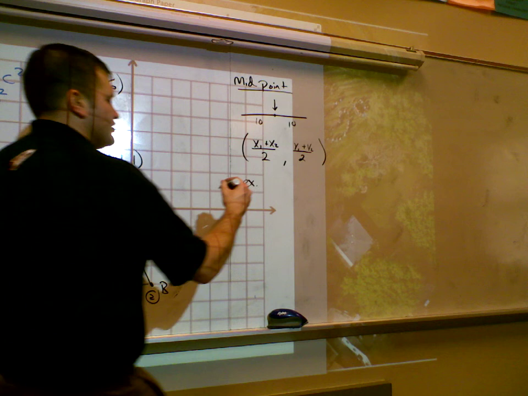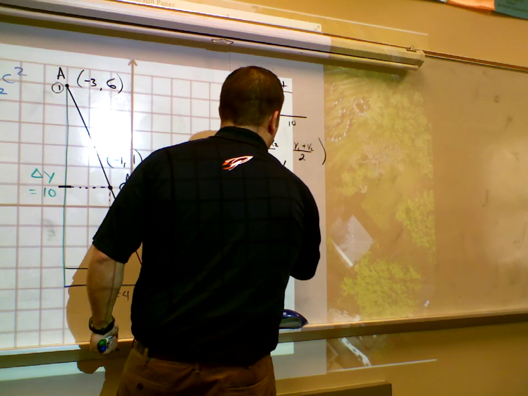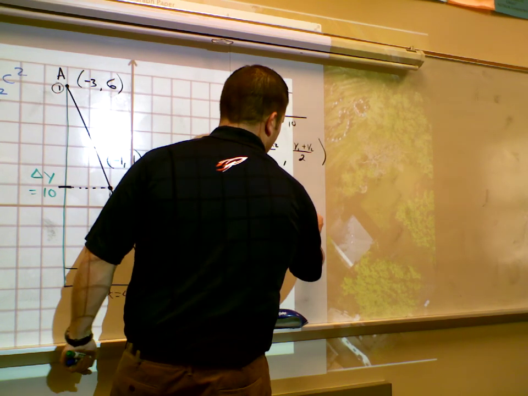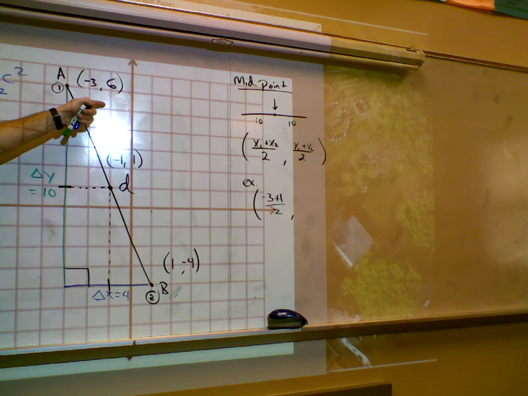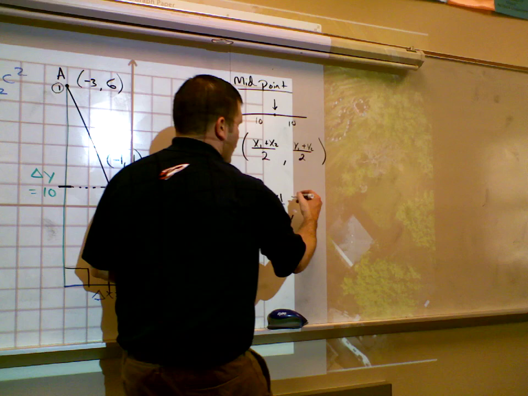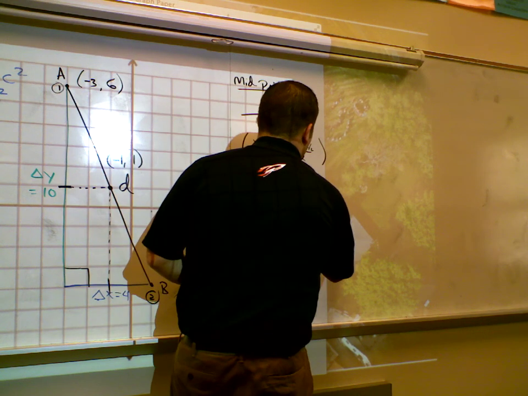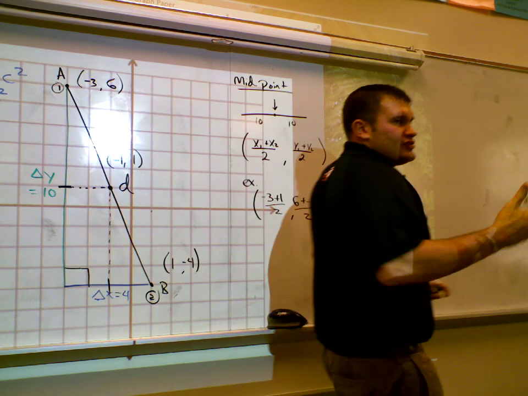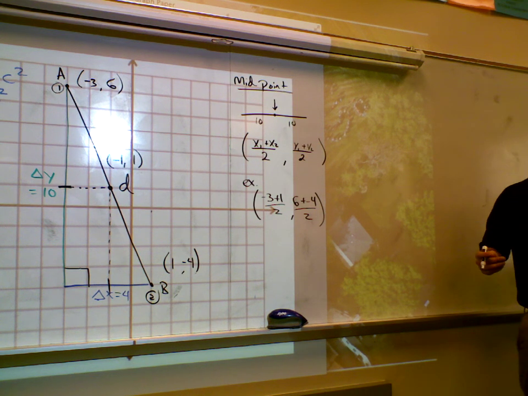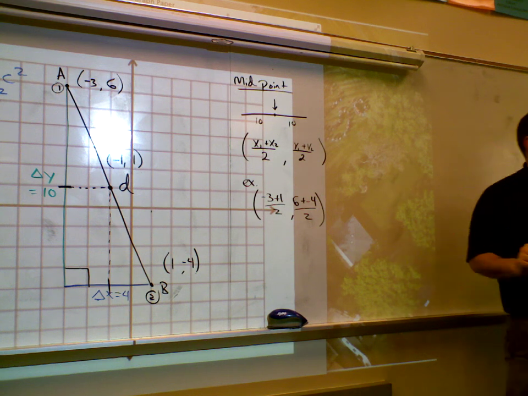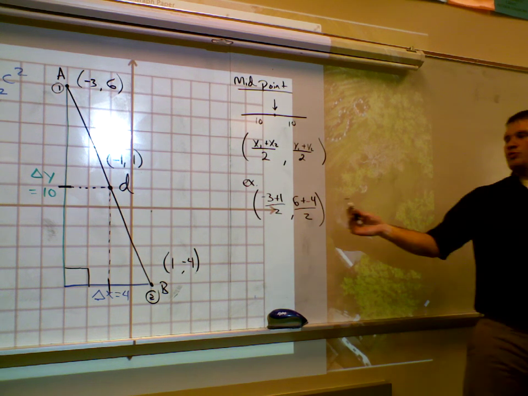So for this example, I'm going to do -3 plus 1 over 2, comma, y1 is 6, y2 is -4, 6 plus -4 divided by 2. I'm going to use that equation. And you're probably saying, how do I plug it all in at once? You can't. Your calculator doesn't know what to do with the comma. So you need to do them one at a time.